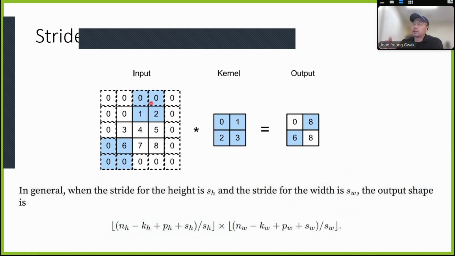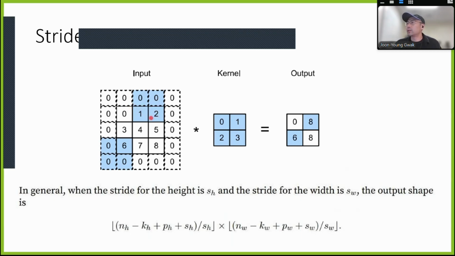But this stride concept will enable the kernel to step two steps at a time. To clarify, starting from the top left 2 by 2 submatrix, it slides two steps to the current blue submatrix, which is 0012, skipping the intermediate submatrix 0001.